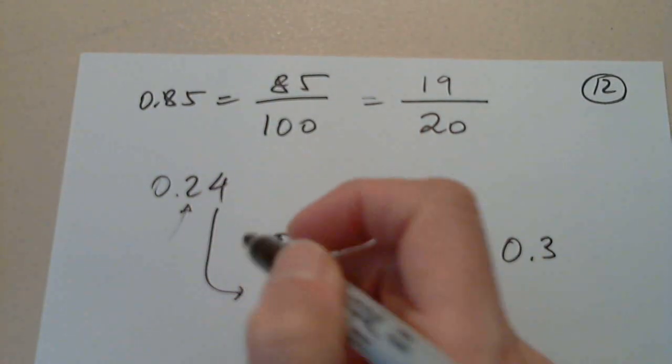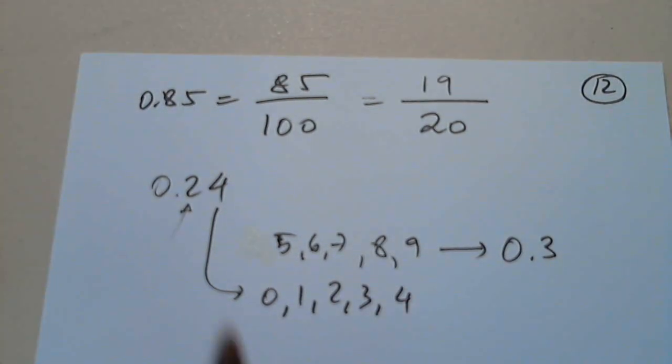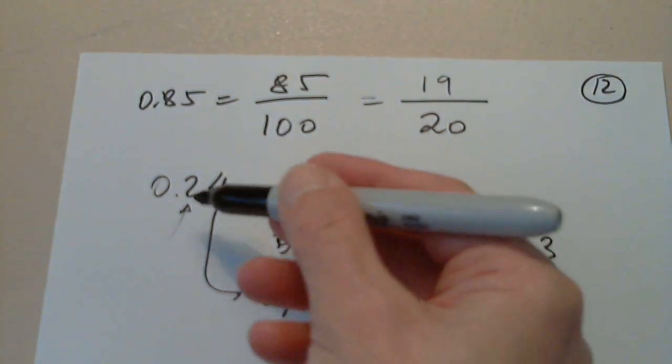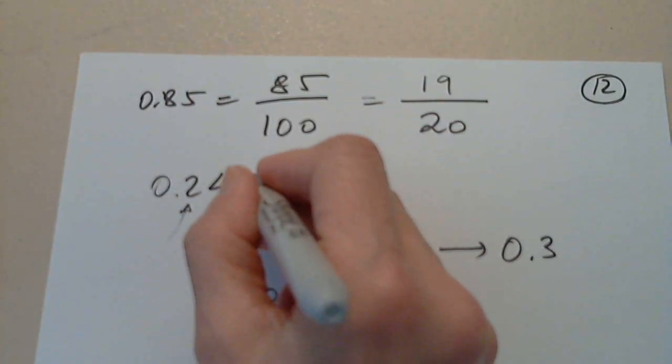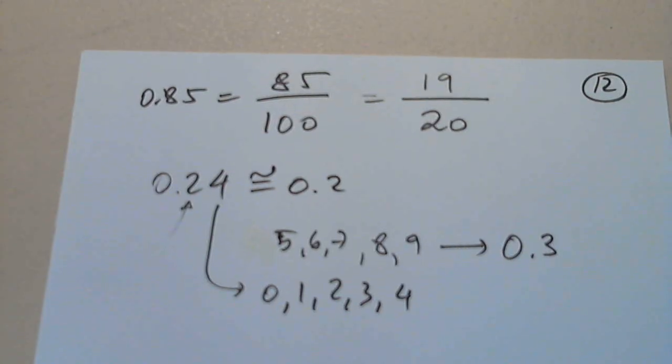If this digit is 0, 1, 2, 3, or 4, I cannot change or upgrade it, so the approximation will stay as 0.2.